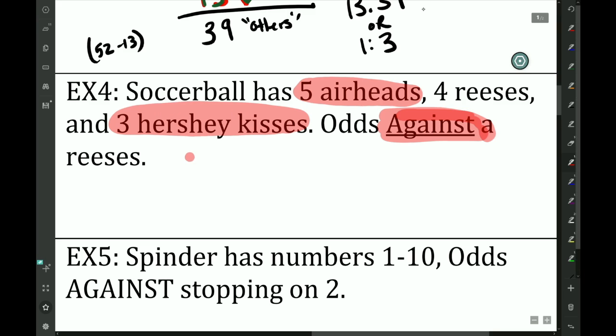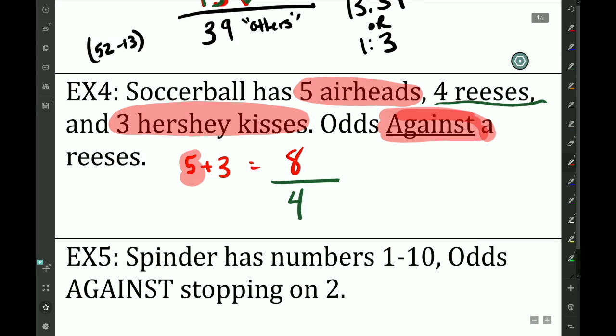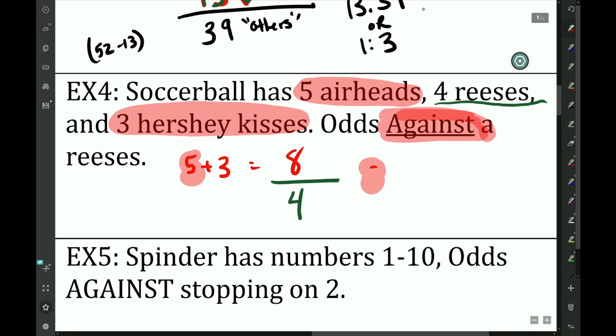So 5 things plus 3 things means there's 8. Things that I want are the Reese's, so against a Reese's, there would be 4 down below. And that means we have an 8 to 4 ratio against the Reese's. Okay, so against means everything else is up top.